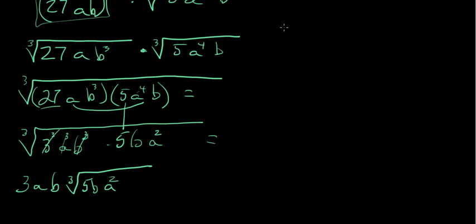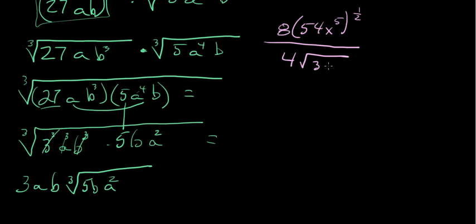You got 8 times 54x to the 5th to the 1/2 power over 4 times the square root of 3x to the 3rd power. Well, what does that equal?